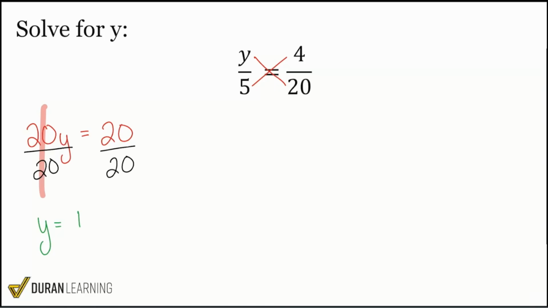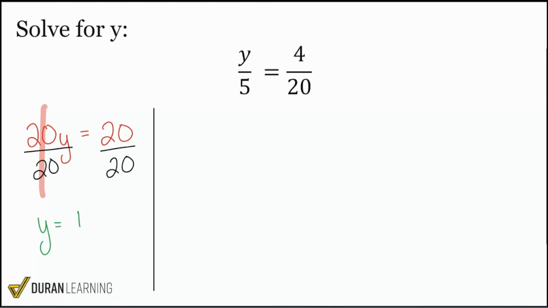But now let's take a look at the other ways that we could have gotten this done. The second way would have entailed trying to simplify. Everybody, when it comes to 4 divided by 20, is that a fraction that can be simplified in your opinion? Yeah, absolutely. So again, I'm going to reiterate, every single proportion, you can always cross multiply and divide.